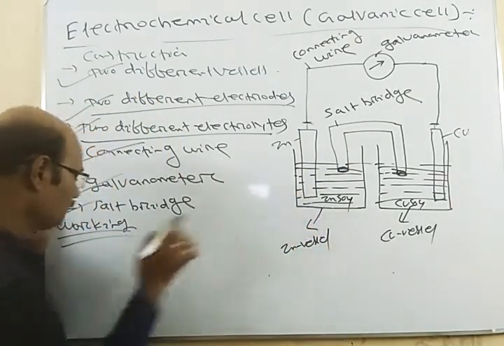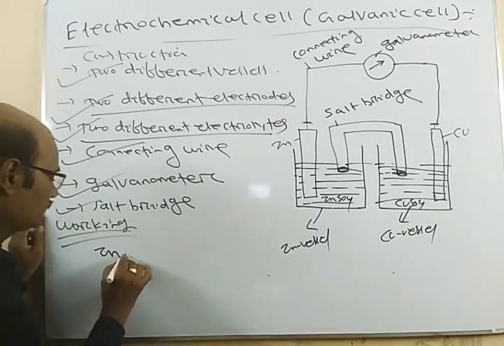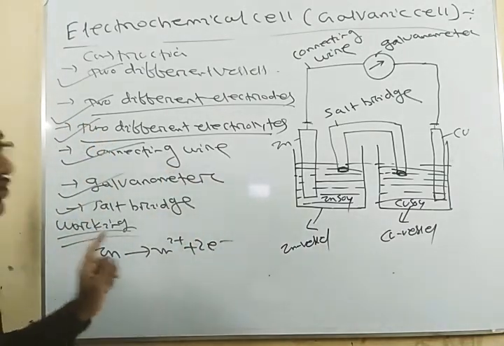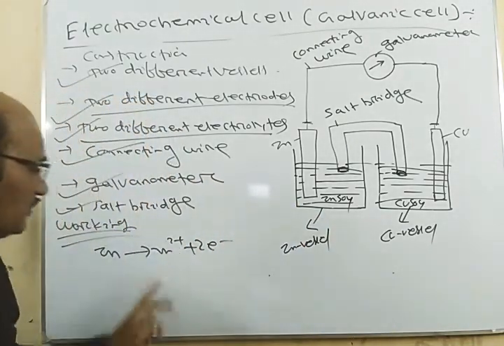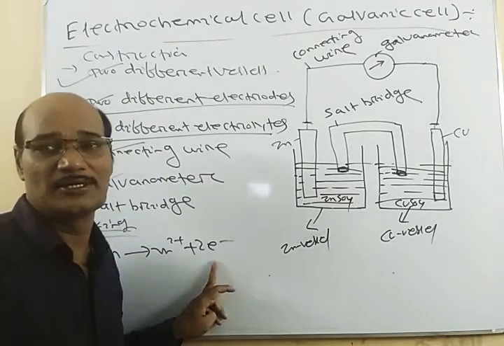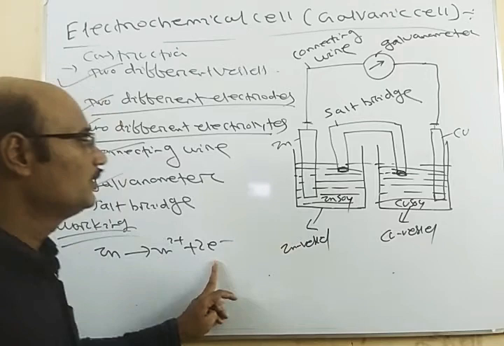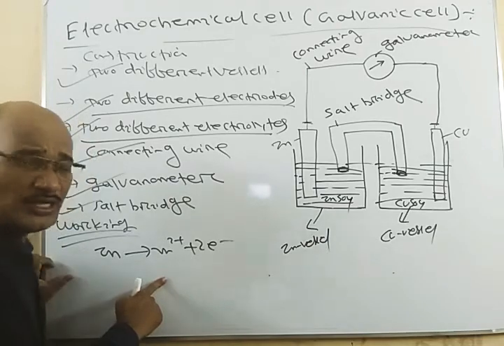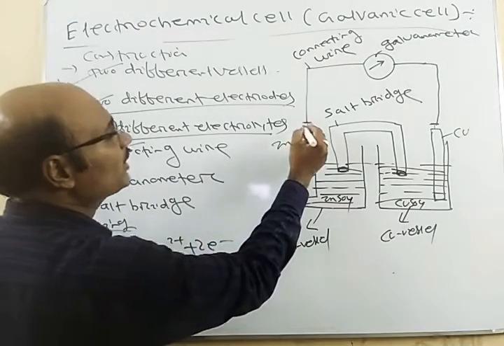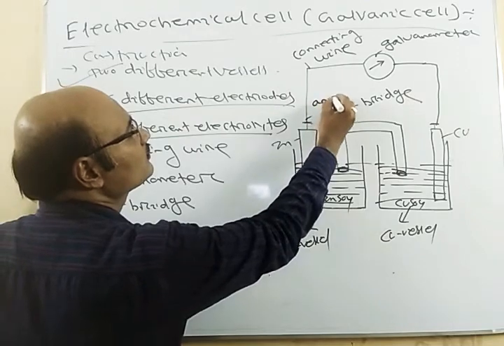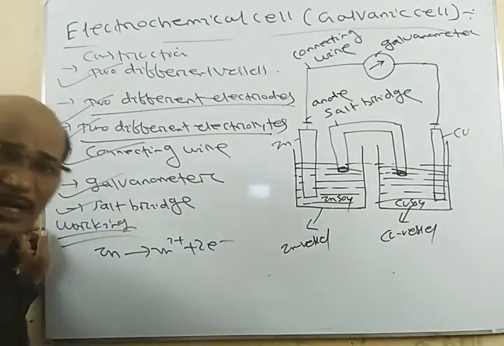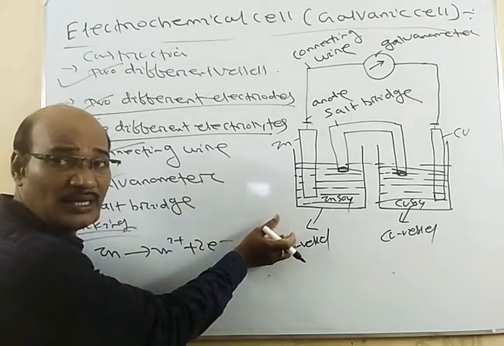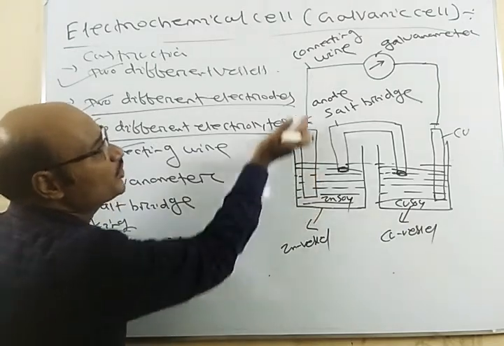At the zinc electrode, zinc undergoes oxidation, giving Zn2+, and electrons are liberated. Because the zinc electrode undergoes oxidation, it is called the anode, because the electrons are released here, and these electrons now flow through the conducting wire.